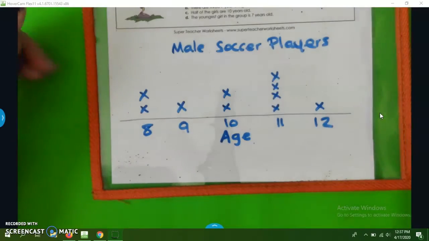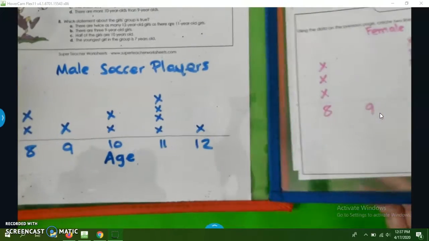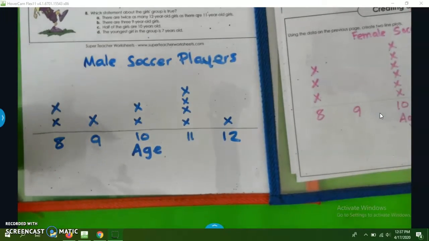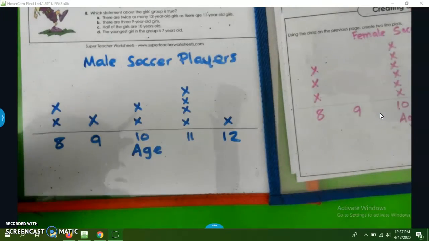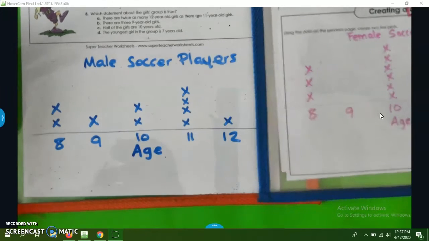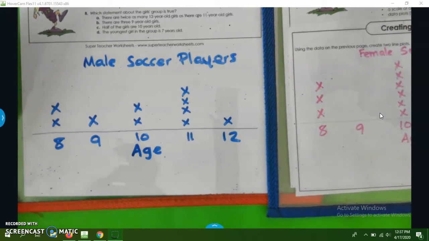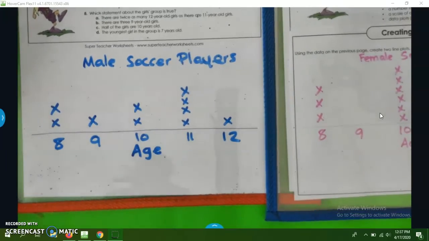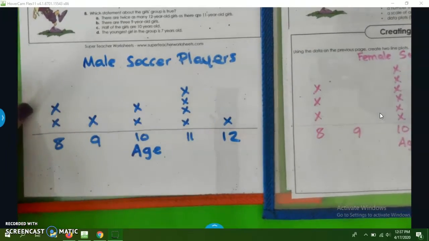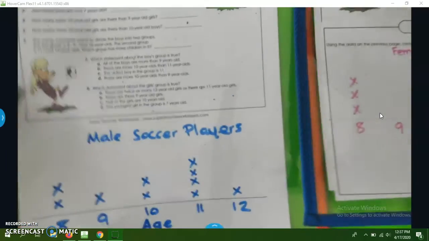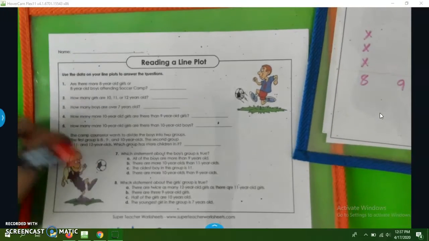So we have 2 line plots now that show us the participants that are going to be in our soccer camp. And the nice thing about these line plots is that we can now use these to see all kinds of information very quickly and very easily. And so, for example, there are some questions up here that go along with these 2 line plots.